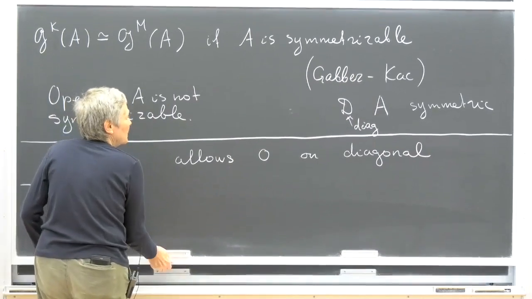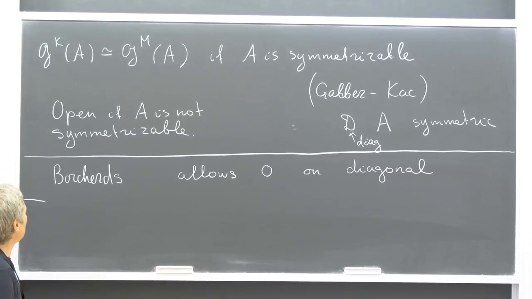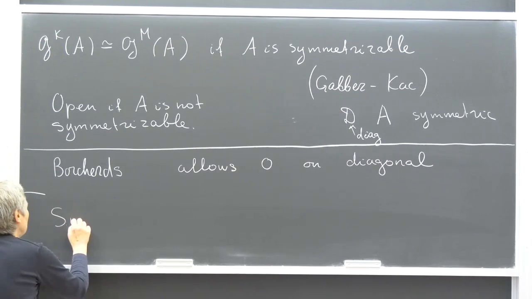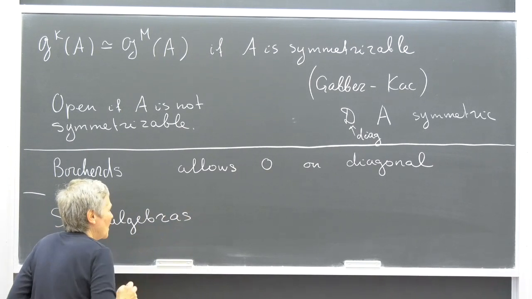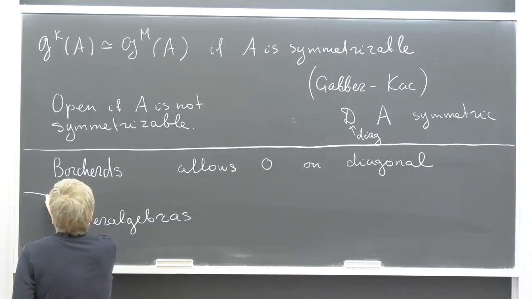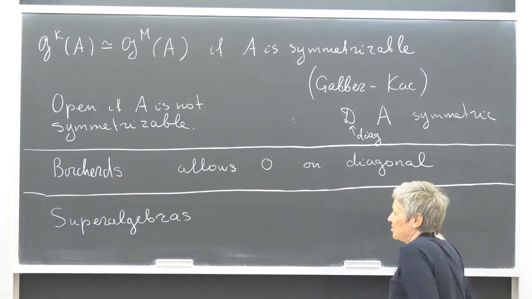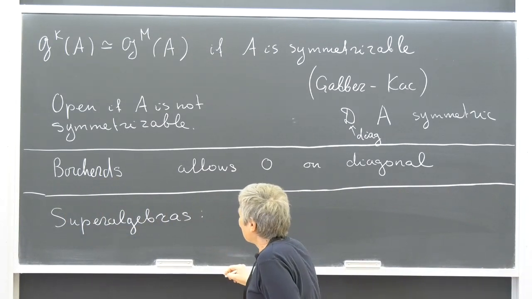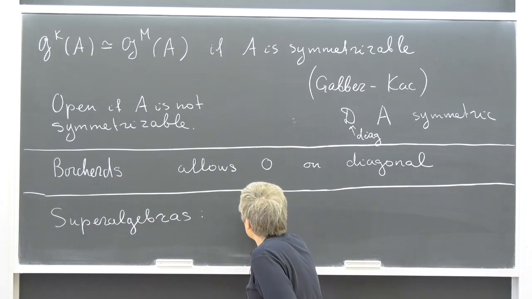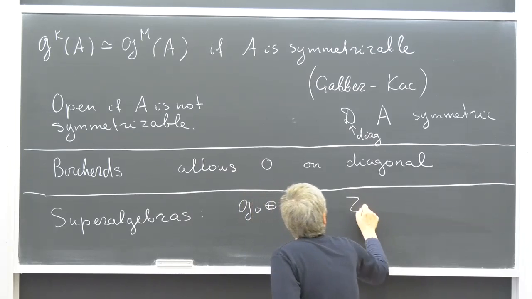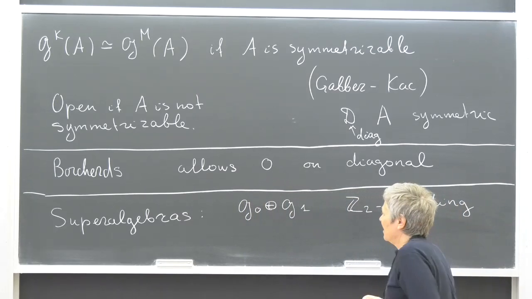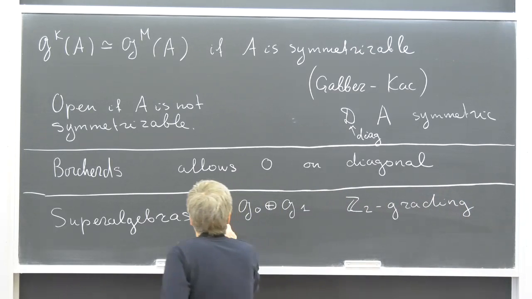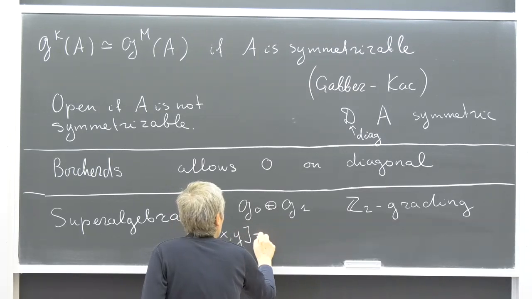The other, and that's mostly where I come into the picture, is so-called superalgebras. Since I'm speaking to an audience which might not be completely in this business: Lie superalgebras have a Z2 grading, and they have graded identities.